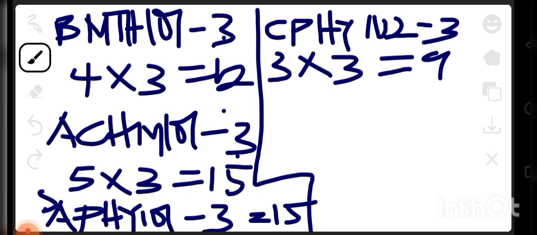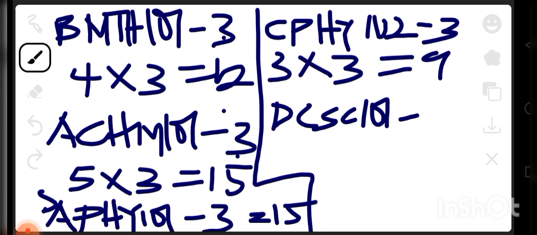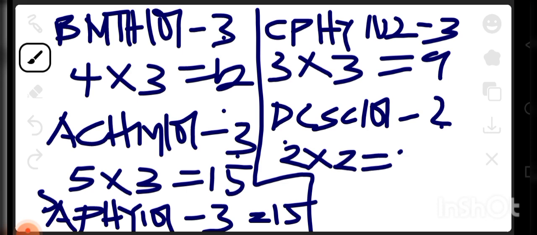Then you keep it. Then go to the next course. The next course was CSC 101. The person had D. Remember, CSC was 2 units. D is 2 points times the unit, which is 2. That gives us 4.